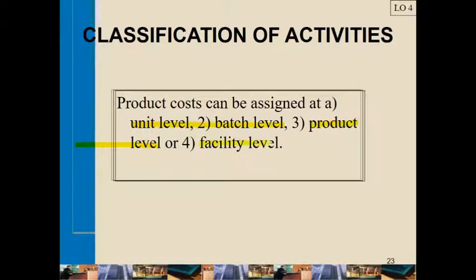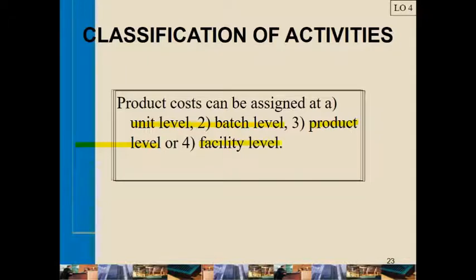And then when we talk about facility level costs, these are costs incurred to sustain a factory's general manufacturing processes. These activities benefit the organization at some level but do not provide a benefit for any specific product. So facility level means its effect is on your products as a whole, right?